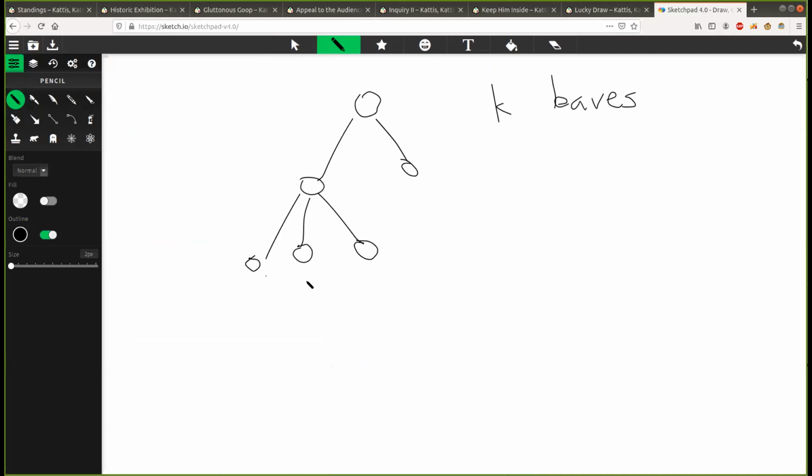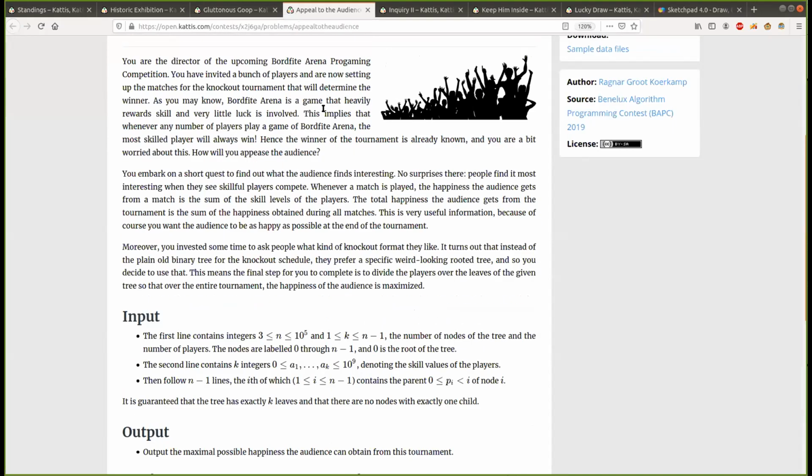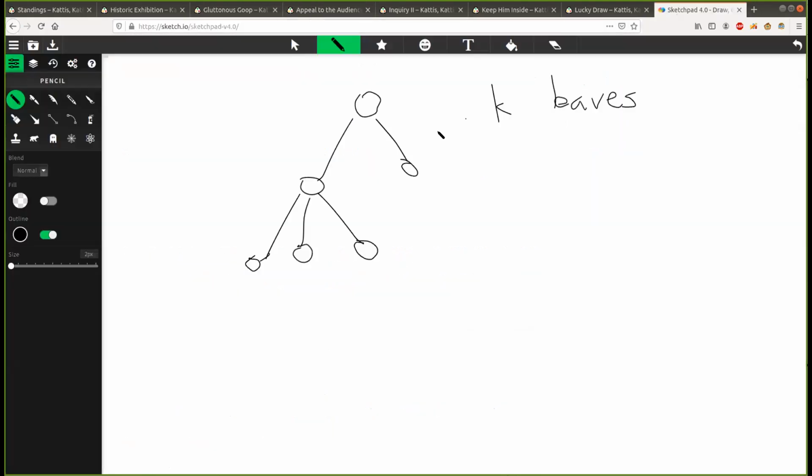You need to assign them to leaves, and then each node will be a match between all of its children, and the strongest player wins. Let's just say the strongest player wins, because I think it doesn't matter really. The strongest player wins and enters here for the next game, so it just happens from bottom up.